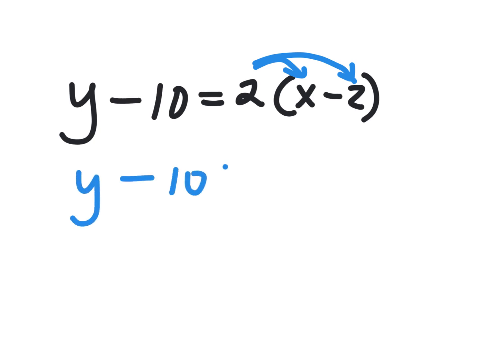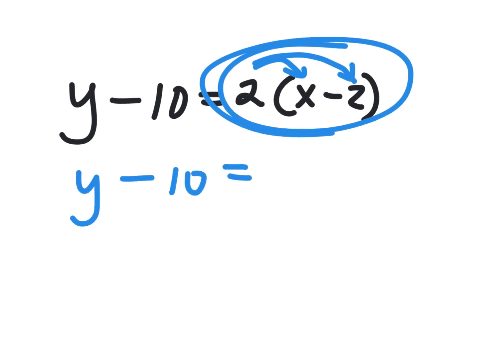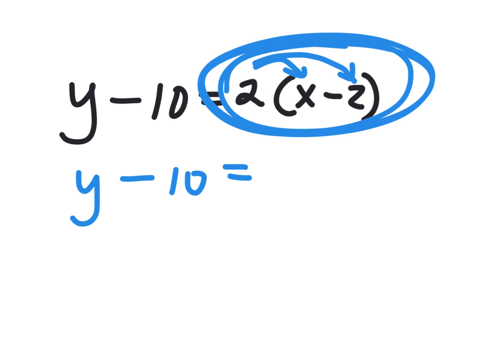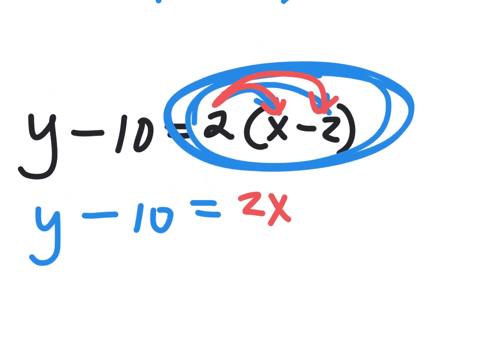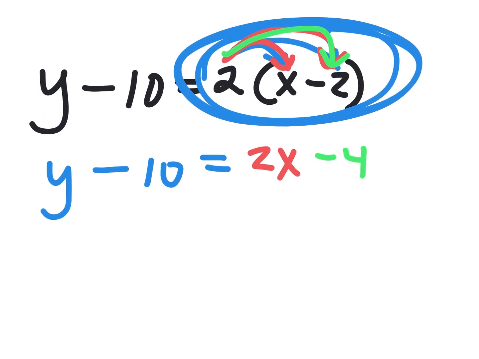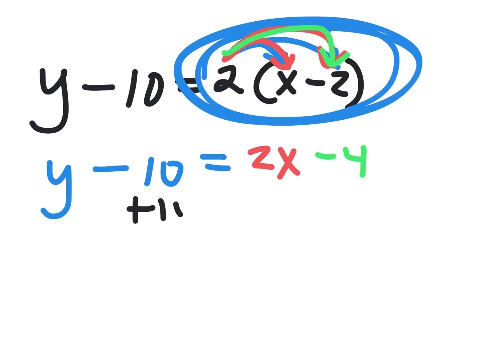Dessa, did you get this distributed yet? No. Okay, I'll help you. 2 times the x, 2x. 2 times the negative 2, what's that? We're distributing this, and so, see this 2 times the negative 2? Negative 4. There you go. Okay. Now we're going to add 10 to both sides, and I'll take over from there.